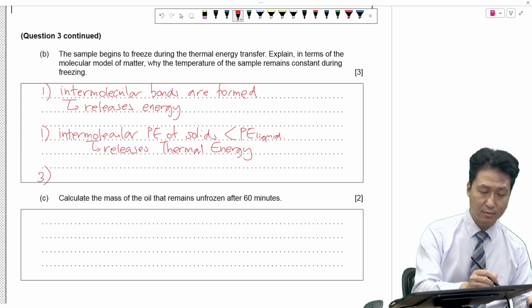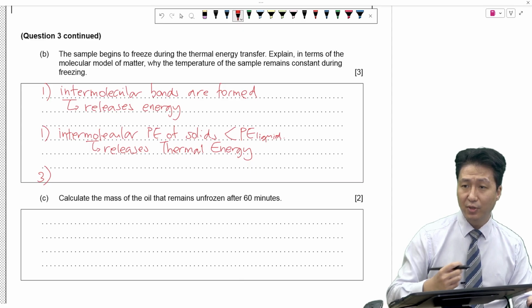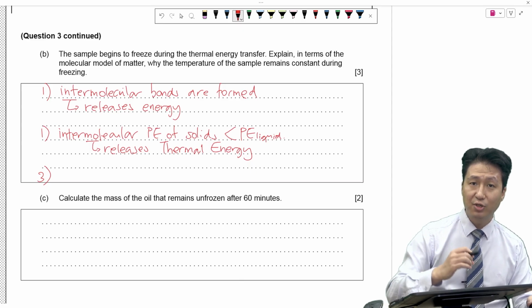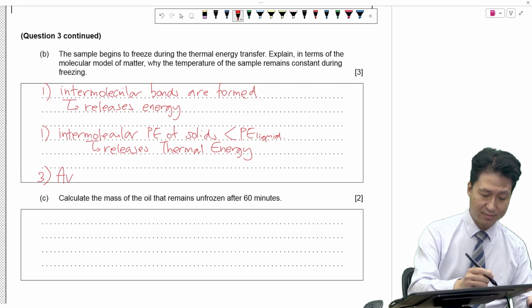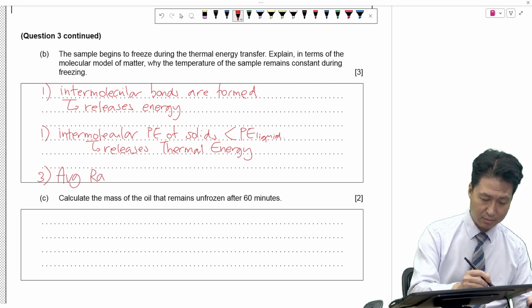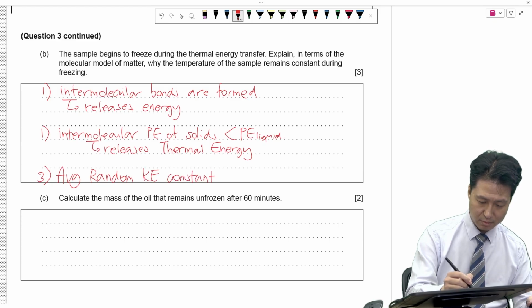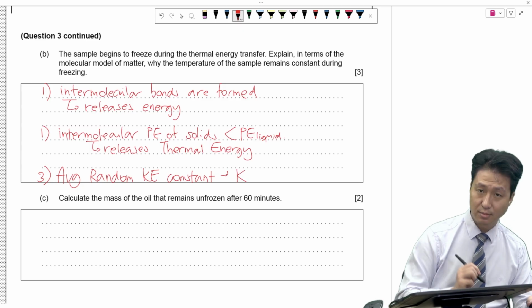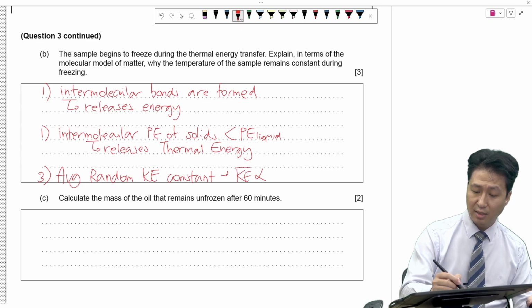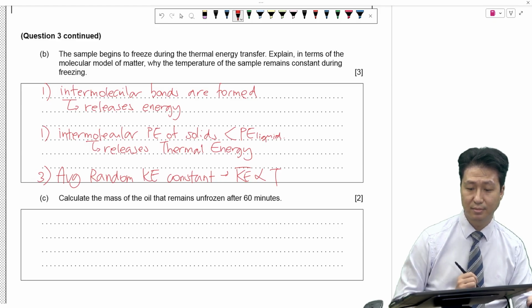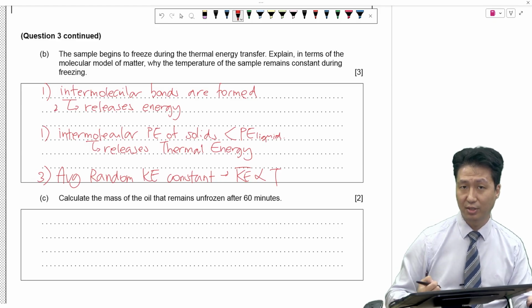Finally, even though energy is being removed from the substance, the average random kinetic energy remains constant. And this average random kinetic energy is proportional to the temperature. Therefore, the temperature is also constant.